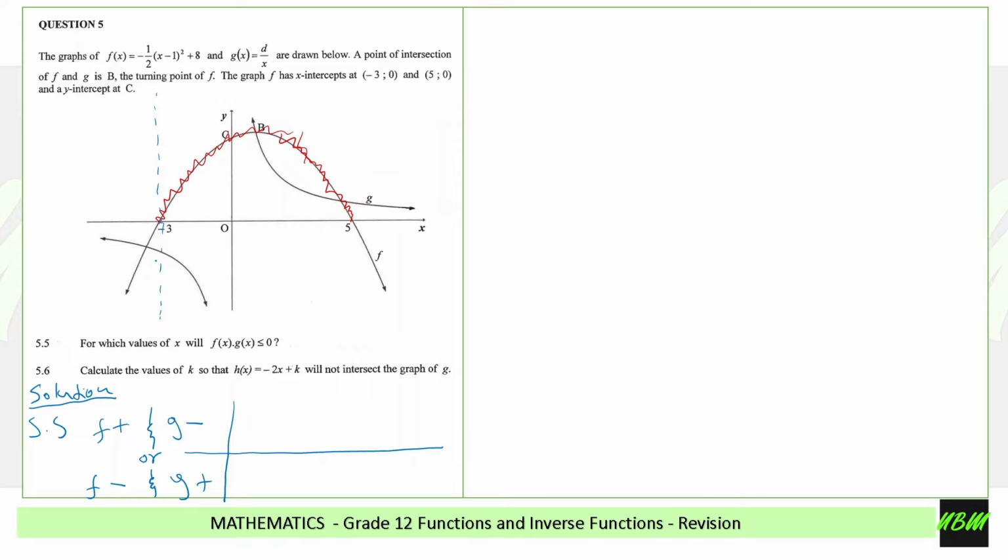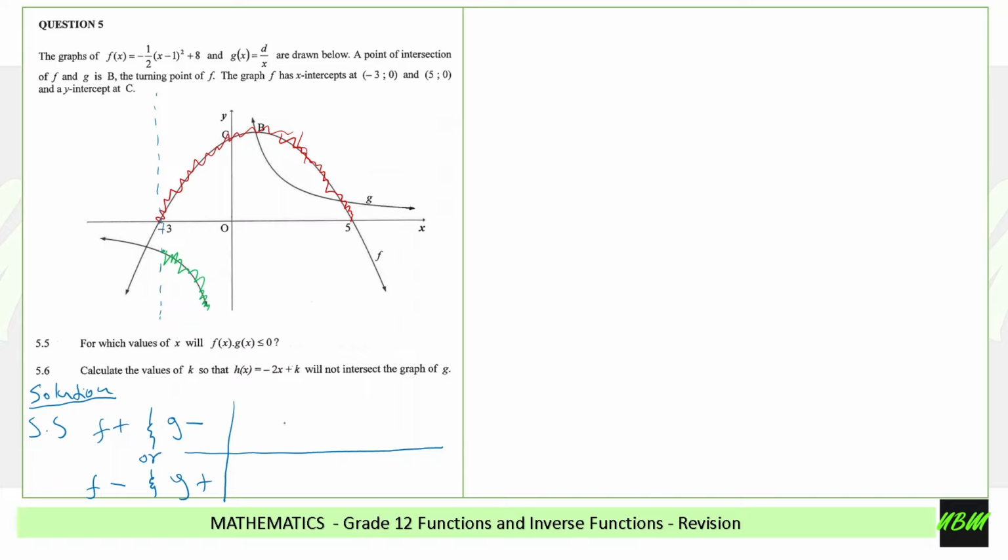Then we can clearly see that at this point where x is negative 3, between 0 and negative 3 along the x-axis, that is where g is negative and that is where f is positive.